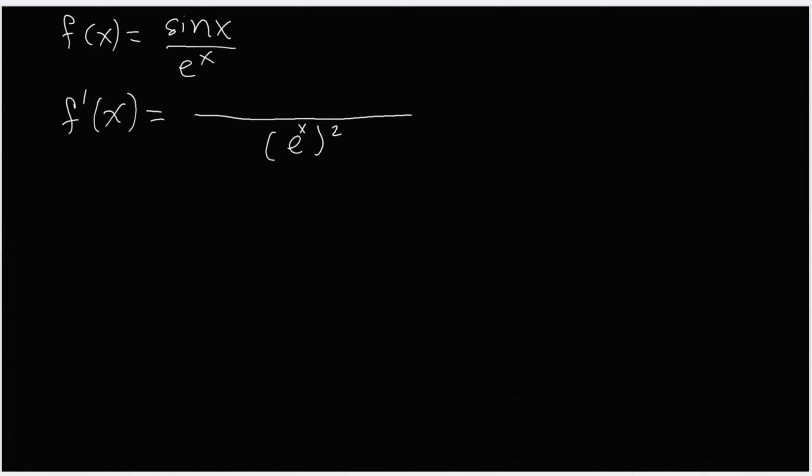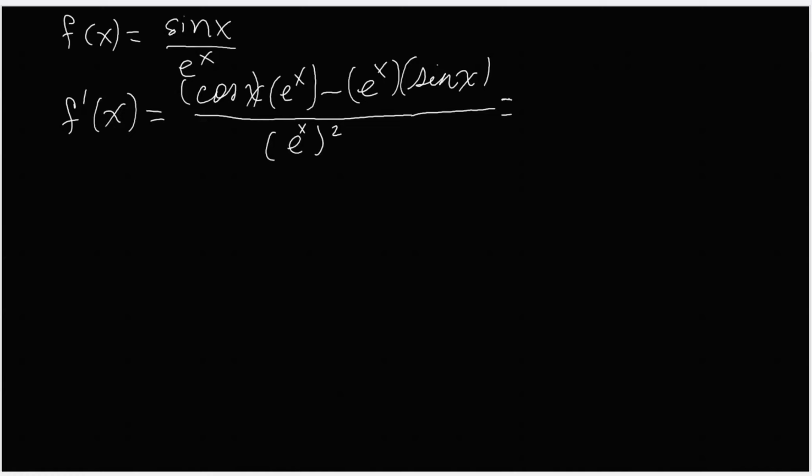The derivative of the numerator, cosine of x, multiplied by e to the x, minus the derivative of e to the x, which is e to the x, multiplied by sine of x, all divided by e to the x squared. As we can see, everything has an e to the x, so we can divide everything by e to the x to reduce this to e to the x on the denominator, cosine of x minus sine of x on the numerator.